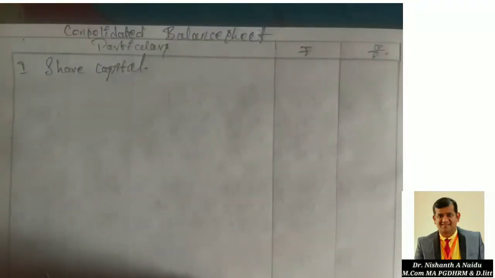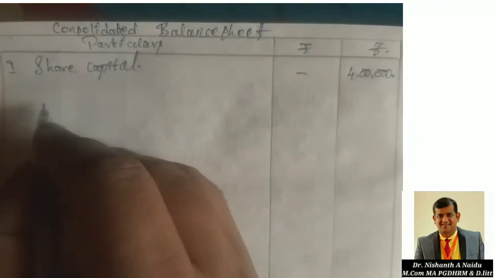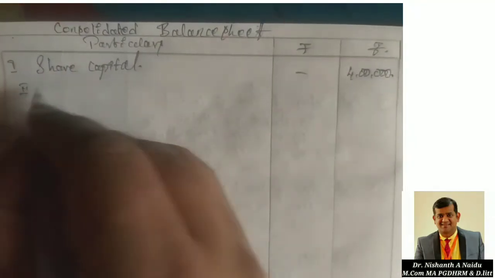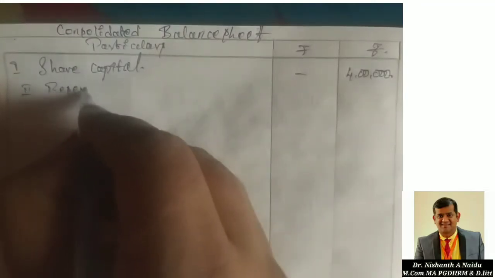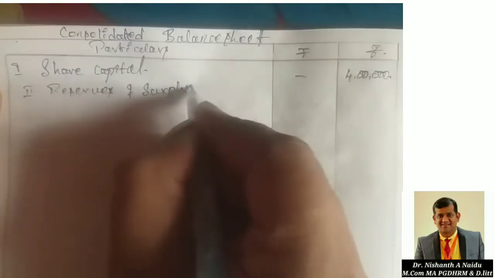Share capital of H Company Limited, that is 4 lakh rupees. Directly I am taking 4 lakh rupees. After that, the second main head is reserves and surplus.